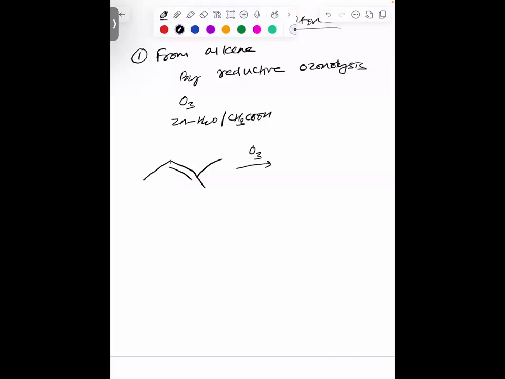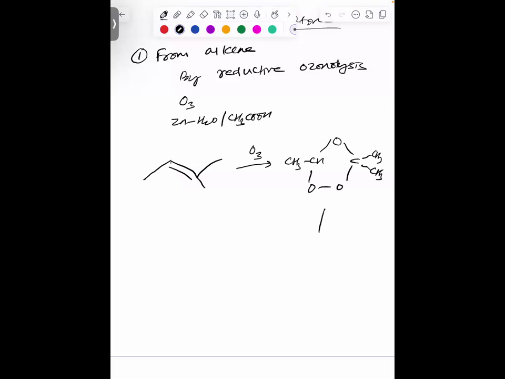The double bond is there, the double bond will completely break, then it makes ozonide. First step, it makes ozonide.